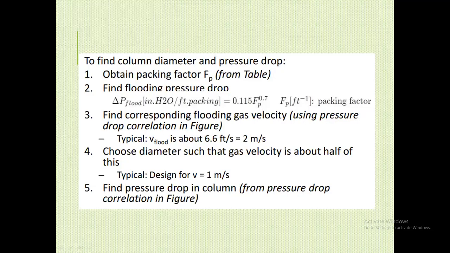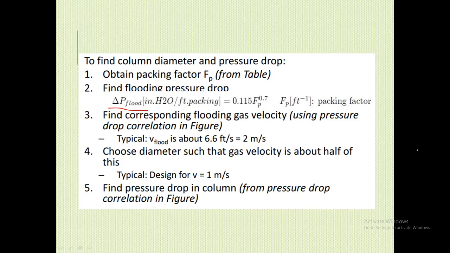These are the steps that you need to do in determining the size of your column, which is based on the flooding condition. First, you determine the packing factor, which you will be using in the formula that was shown to you in the previous slide to determine the pressure drop when the column is flooded. Take note of the unit: it's inch water per foot of packing material.